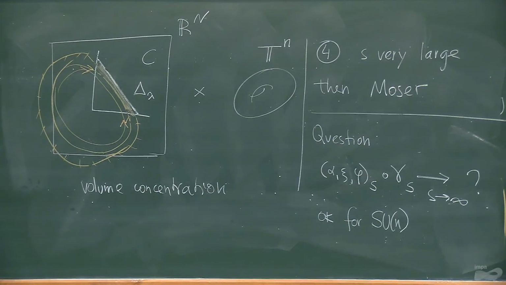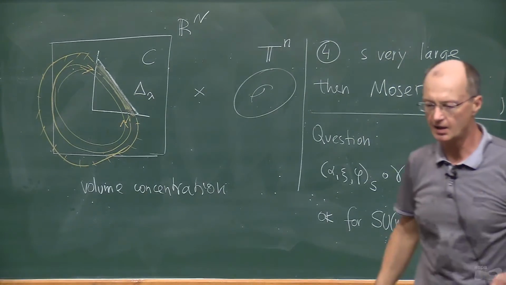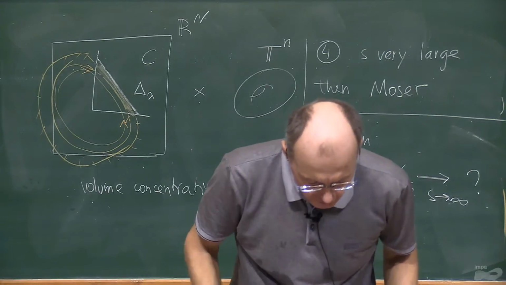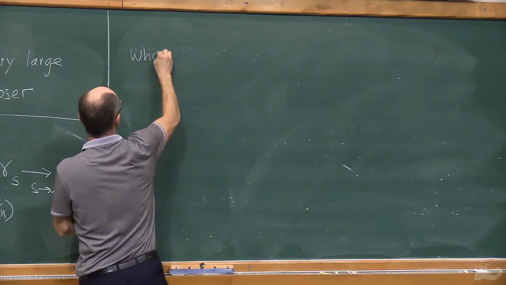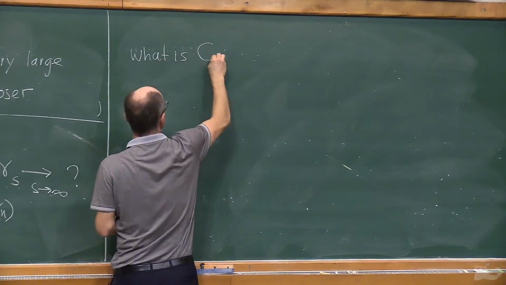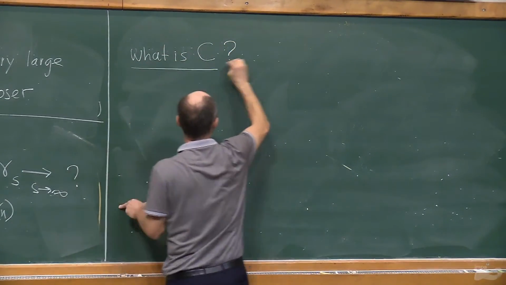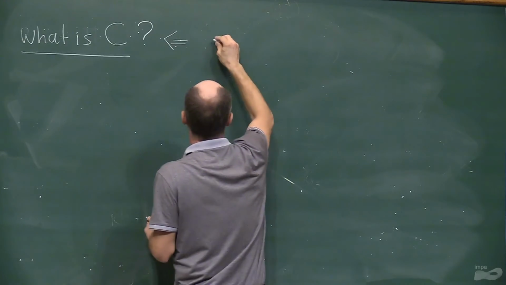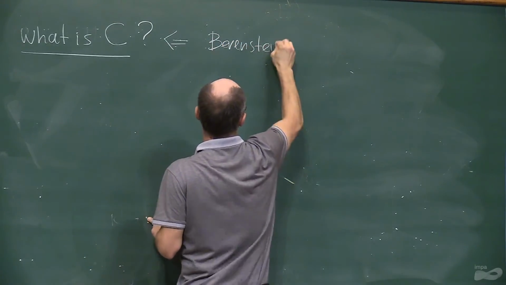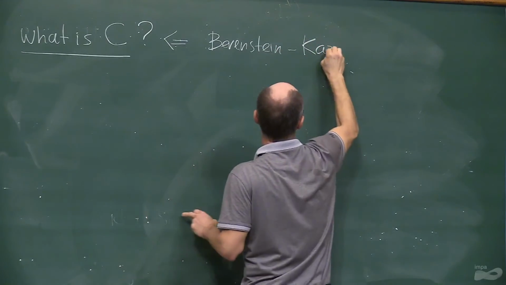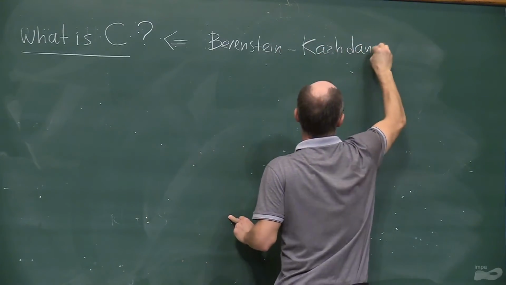Now let me finish with some brief description of what is C. And that's a very interesting piece of material because it involves something which is called the Bernstein-Kazhdan potential.